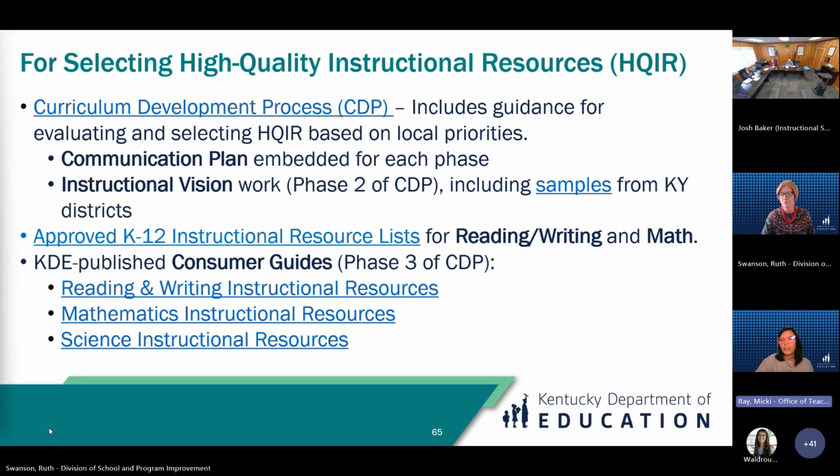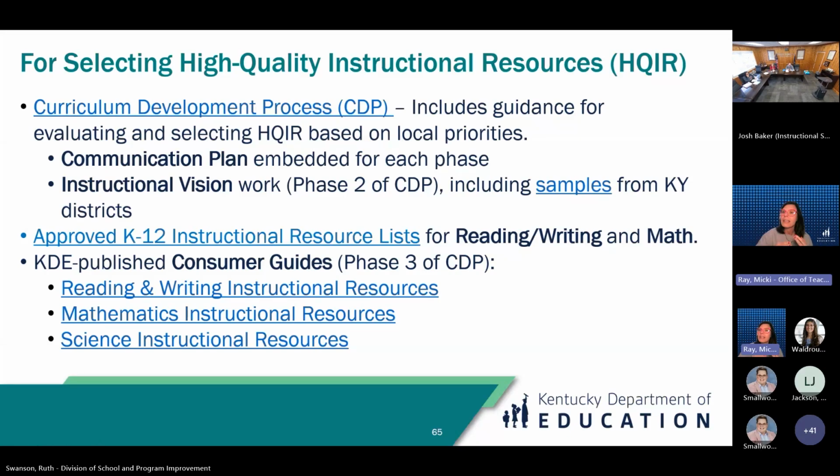So if you do not currently have a high quality instructional resource in place, we have supports for that. And so the curriculum development process is the first section of the model curriculum framework. And it has 4 phases that will lead you through the full process of evaluating and selecting the resources, but then also the implementation supports that would need to follow from that.